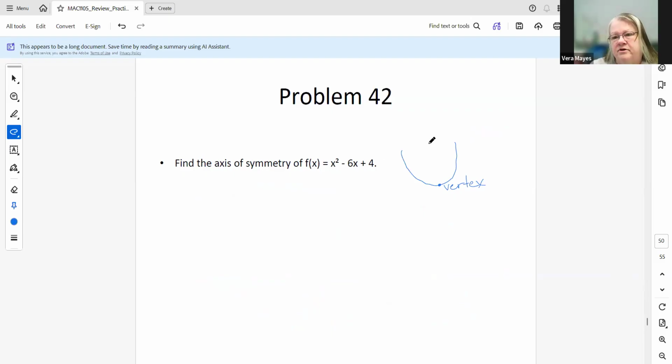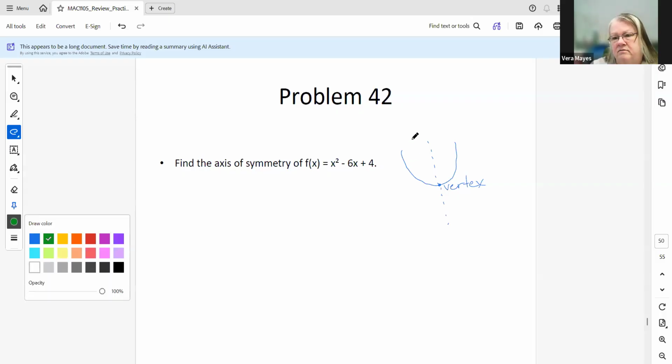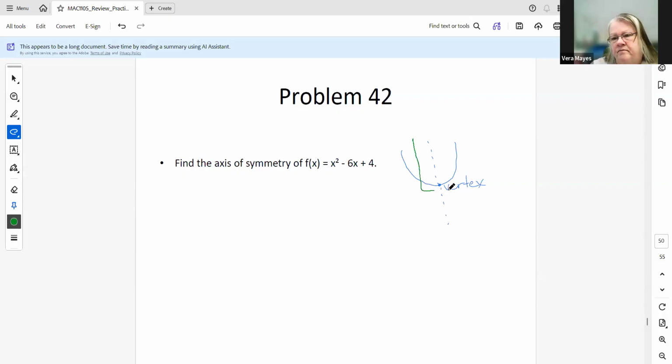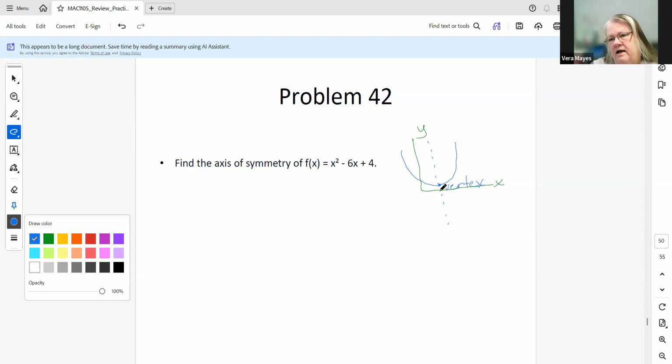This axis of symmetry goes straight through that vertex. And if you were to think about putting this on a coordinate axis, you can see that line would eventually intersect the x-axis. That's how we get the actual equation. So we need to know what this bottom point is.